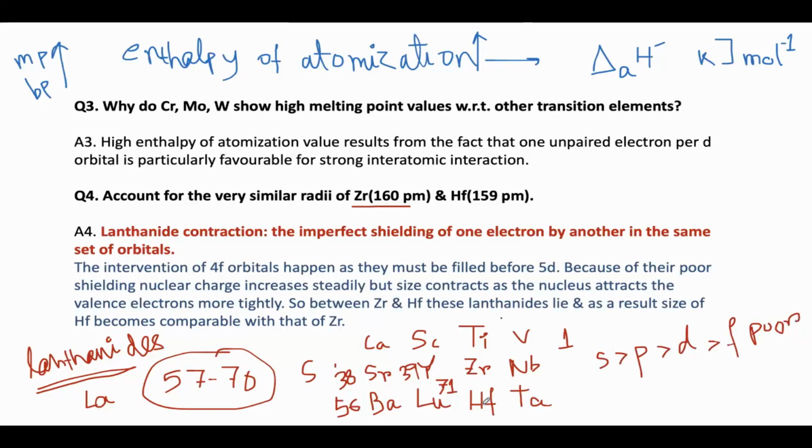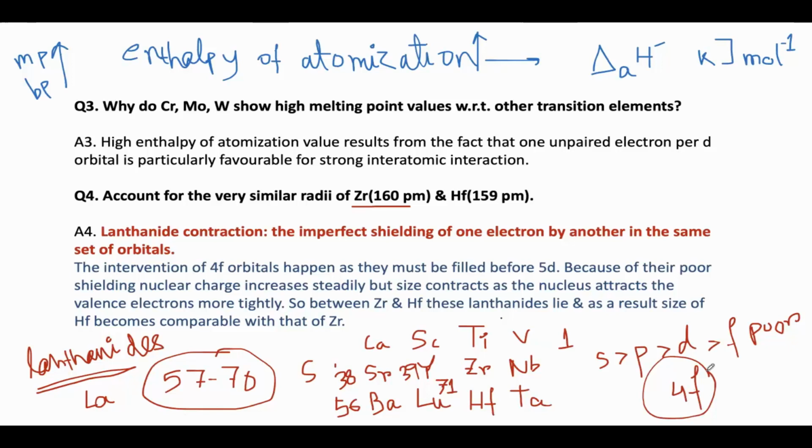As we see from 57 to 70, as the 4f electrons come into the picture, the nuclear charge increases by 1 each time. But since the electrons are getting filled in the 4f orbital, a poor shielding orbital, they cannot shield the outermost electrons from the nucleus. So the nucleus exerts its pull on the valence electrons more. Thus the size will contract.